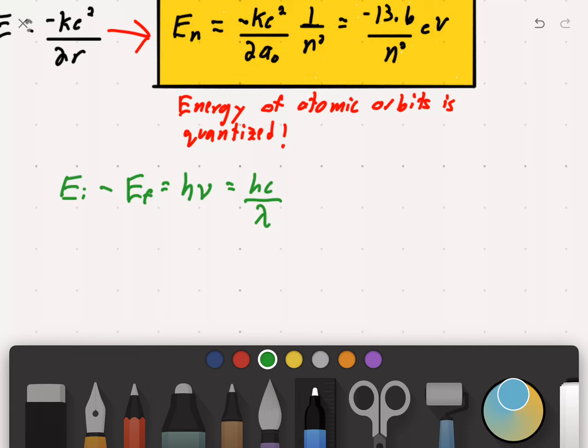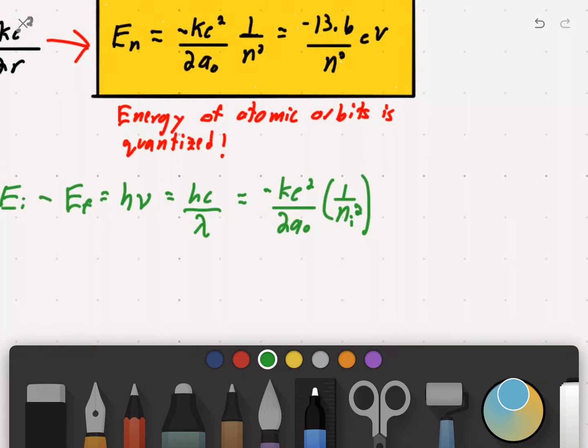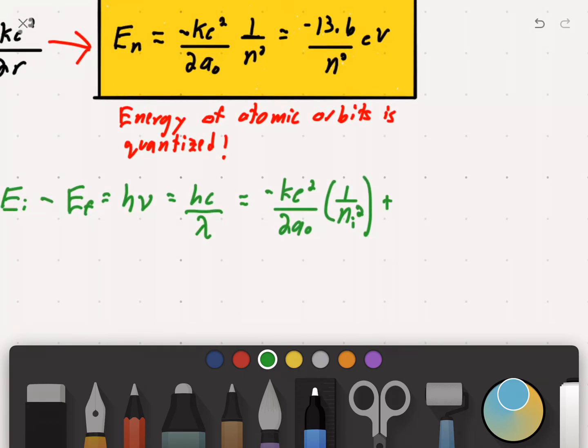So let's just put in our expression for the quantized energy. We have minus ke squared over 2a0 times 1 over ni squared. That was supposed to be a squared. Minus a minus gives us plus ke squared over 2a0 times 1 over nf squared.